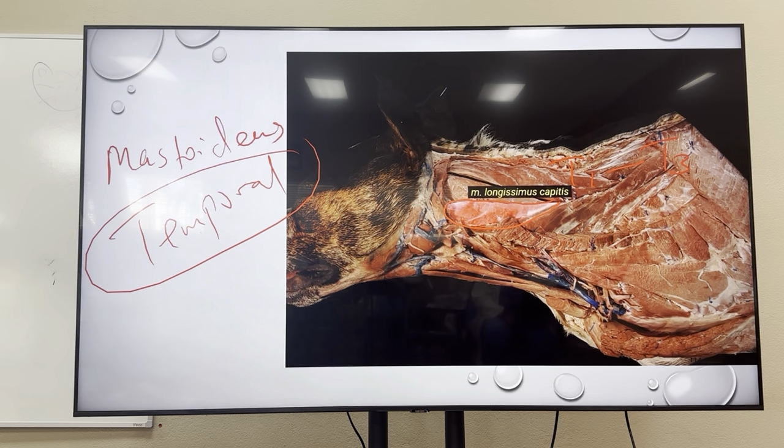It has a similar action with the other parts, that is extension of the head and neck, and lateral flexion of the head and neck, and it is also innervated by the dorsal branches of the cervical spinal nerves.